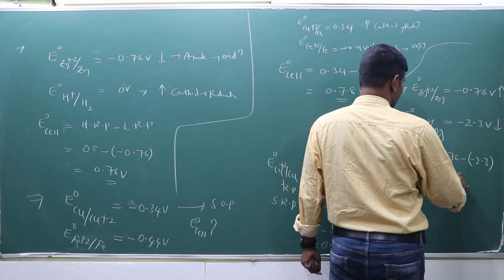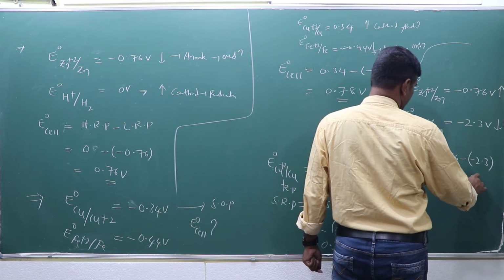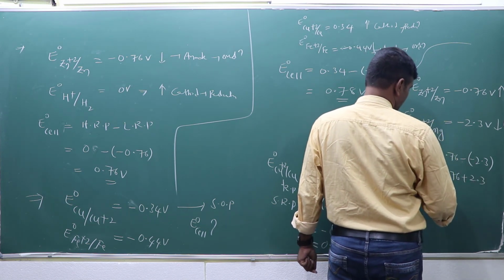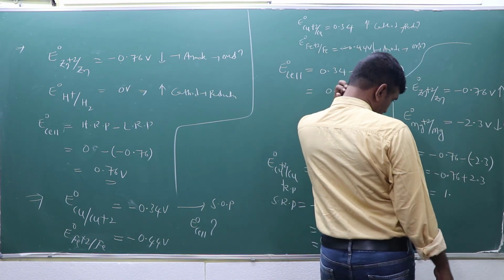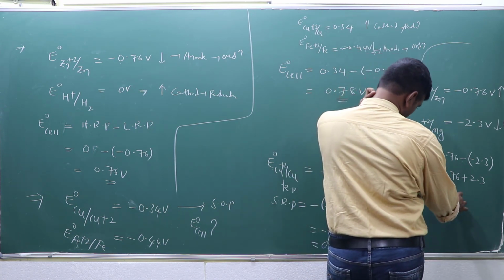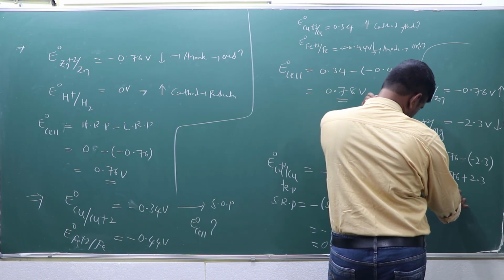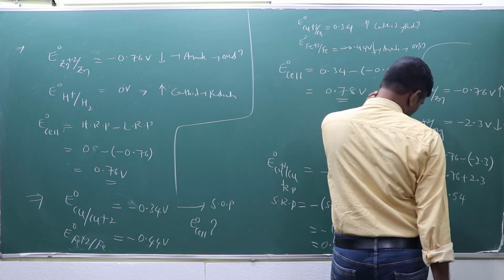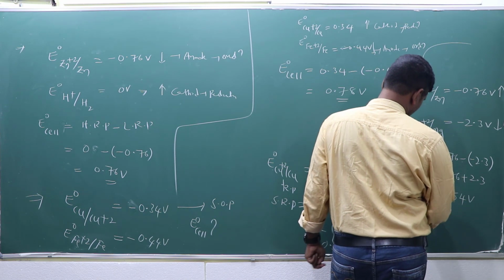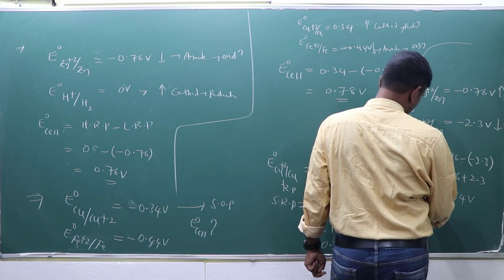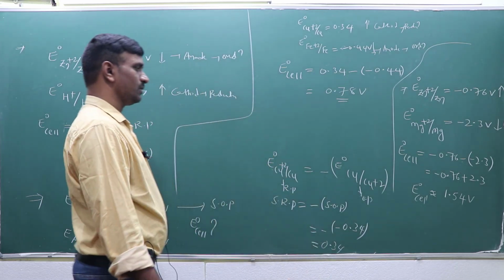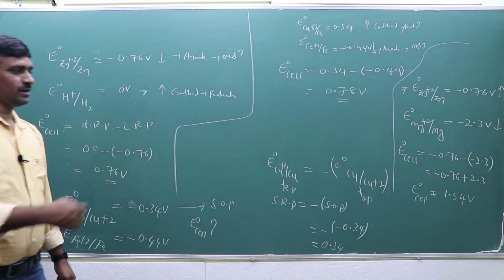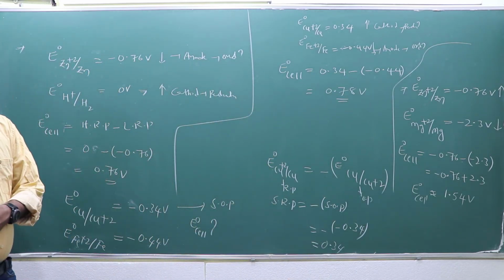Minus 0.76 minus minus 2.3 is plus 2.3, so nearly 1.54 volts approximately. Right? So this is what happens here in the E0 cell.